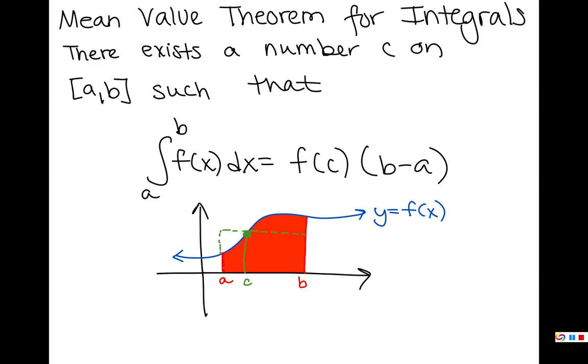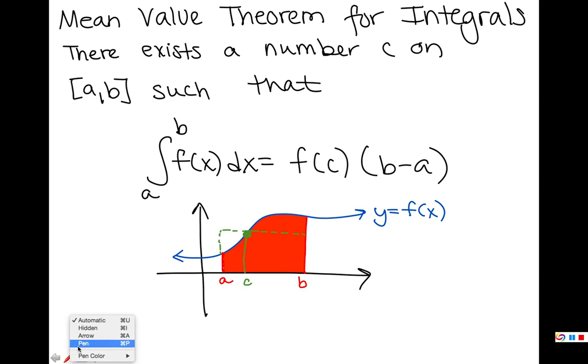All right, the next thing I want to explain in this section is something called the mean value theorem for integrals. The mean value theorem for integrals says there exists a number c on the interval from a to b such that when we integrate the function from a to b, it equals f of c times b minus a. Okay, so what is that saying?